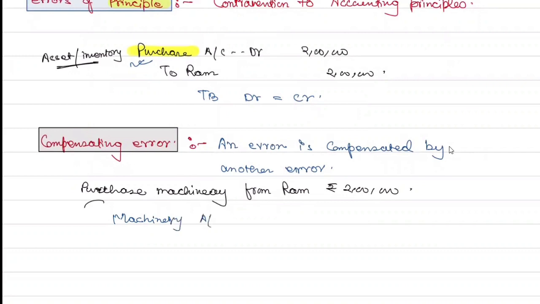But instead of Ram, we overcasted the sales debit. There should have been some creditors, but instead of that I increased my sales debit. My sales value has increased.